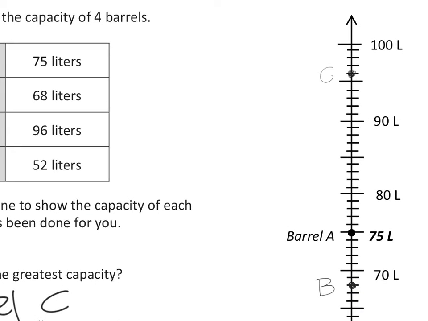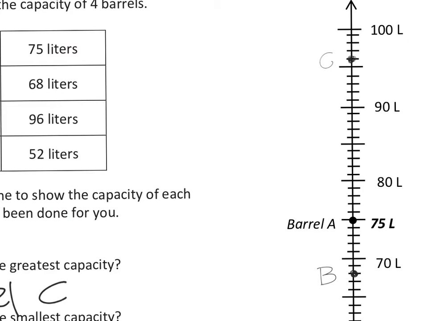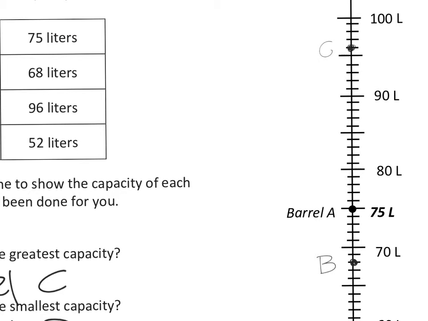All right, and I like to give myself a little bit more room, so I just want to be able to see B and C. All right, so B, to get to a 5, I need to make 2 jumps. Then I can make 5 jumps, kind of like when we did counting on our number line for telling time. So I have 2 what we called minute jumps, and then I can make 5-minute jumps, except this time it's liters.